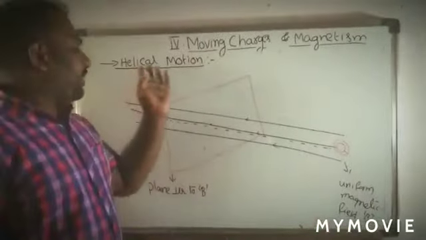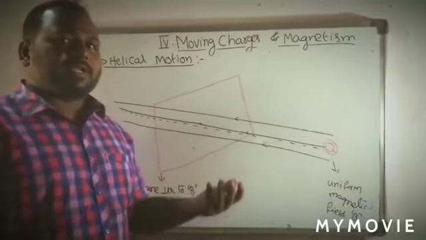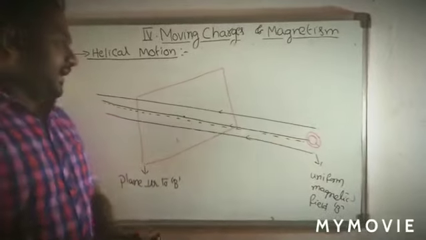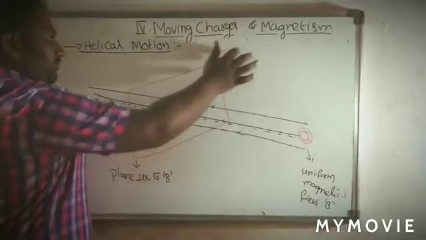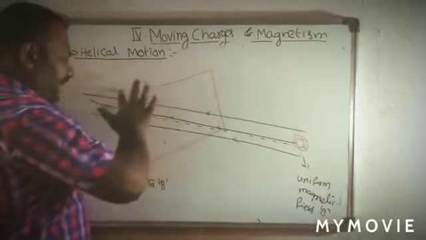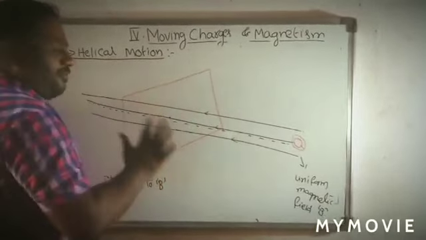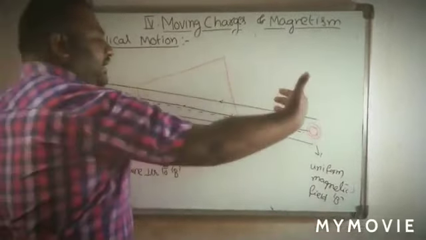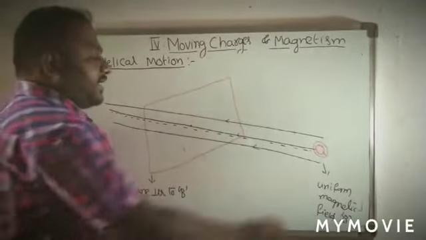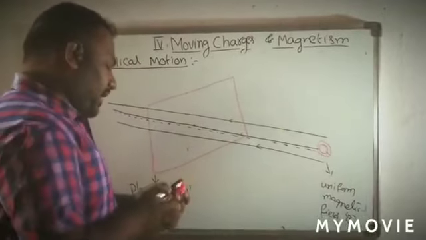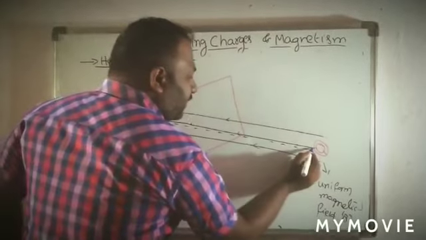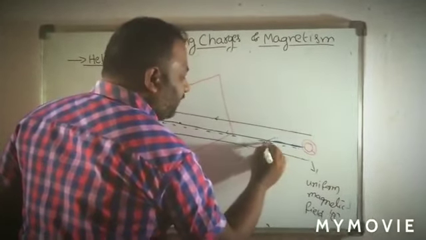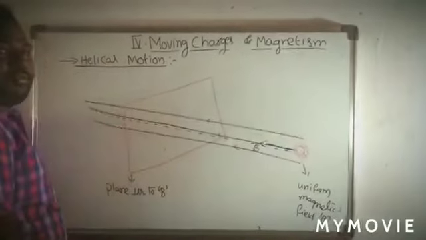Now see, what is the path of the charge whenever it is placed in a magnetic field? That is the helical path. How can the helical path be understood? Here, this is a board, and the red line is representing the board. Into this board, the magnetic field is entering. I place the charge here, and the direction of the magnetic field is like this, entering into the board.